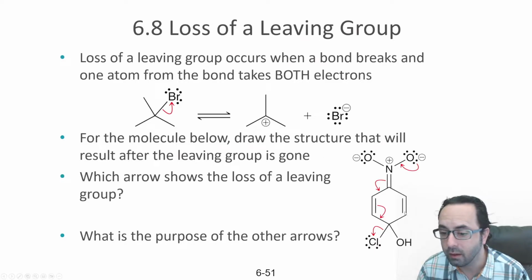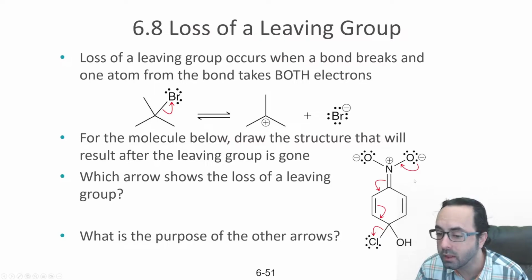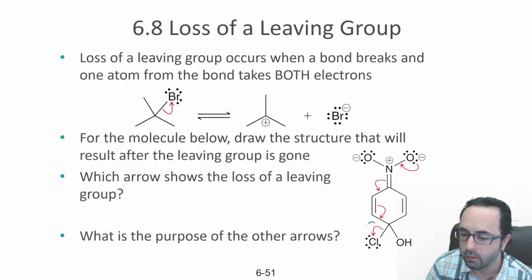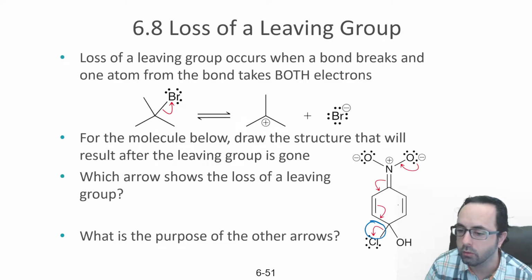So what about this here? This is a very complex set of arrows that is showing the loss of a leaving group as well. And again, you can see how this can be complicated when you have significant resonance, right? In this case, the loss of the leaving group is actually occurring right here. So this is a one-arrow movement.